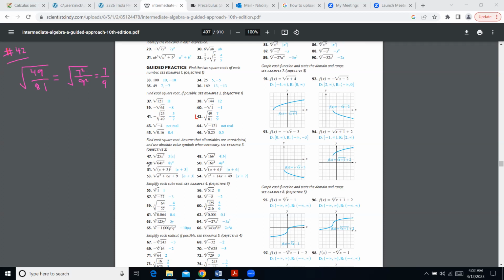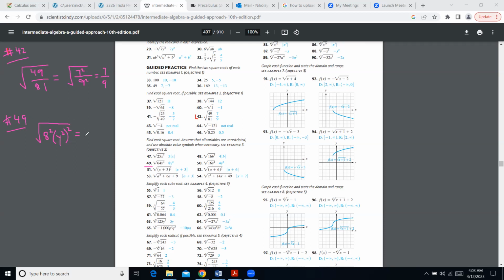In problem number 49, we have another square root to extract. It goes with a 64 that I can prepare as 8 squared, and y to the power of 4 that I can also say is a square of y to the second power.